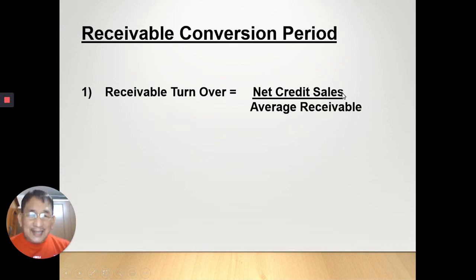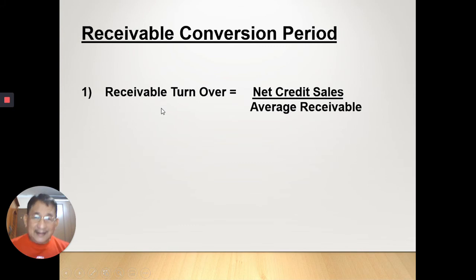And then, you divide it by the average receivable. Average na naman, receivable. Paano kino-compute? Pag halimbawa, ang financial statements for 2019-2020, kunin mo yung balance ng accounts receivable ng 2019, you add the balance ng 2020, divided by 2.